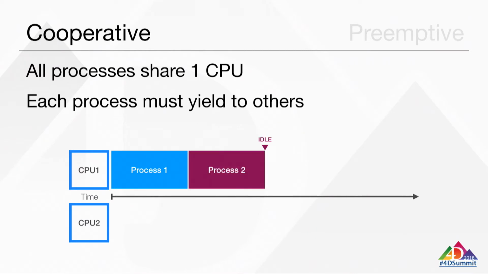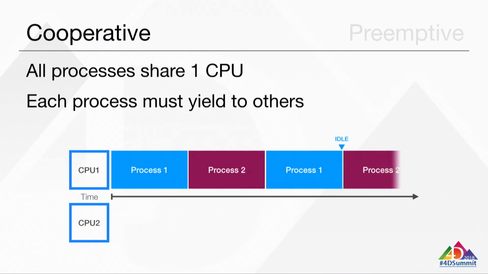In this case, the second process now has a chance to start its own execution. After a while, it has to yield back, that is, give the time back to the other process, and the other process will pick up where it left off and continue for a while. Let's say if it's finished, or at this point, it gives the time back to the last process.